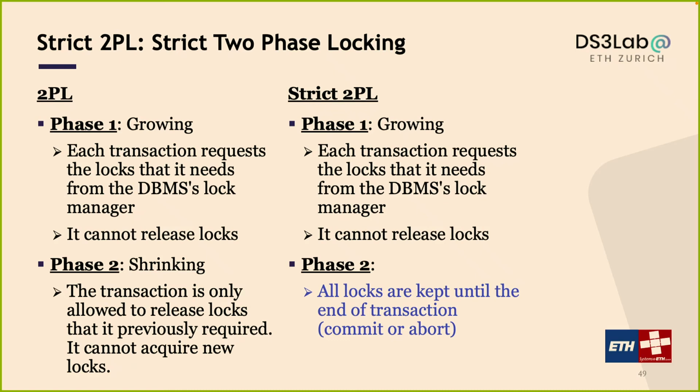Okay? If you compare that with two-phase locking, in two-phase locking, after phase 1, I'm allowed to release my locks gradually. In strict two-phase locking, all the locks, I need to hold them until the very end. Very end means commit or abort. Before that, I have all the locks.